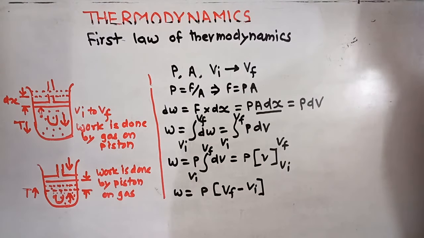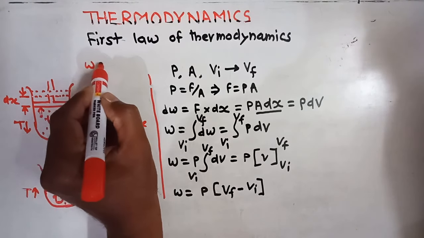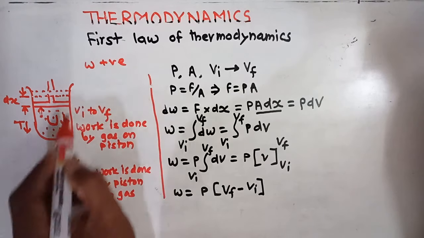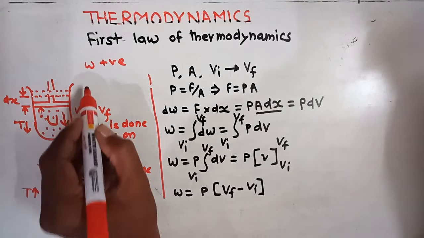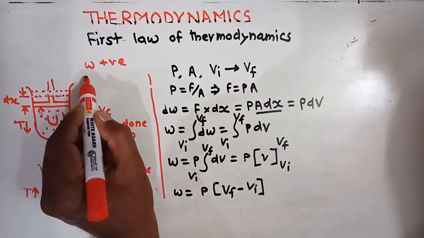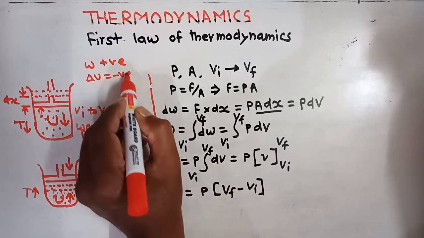When work is done by gas on piston, then this W is positive, and the system loses its internal energy, so this del U is negative.